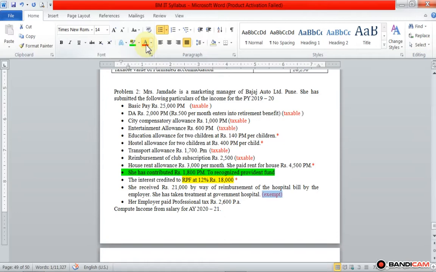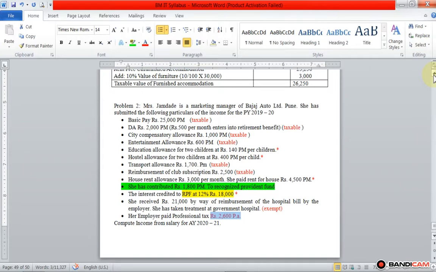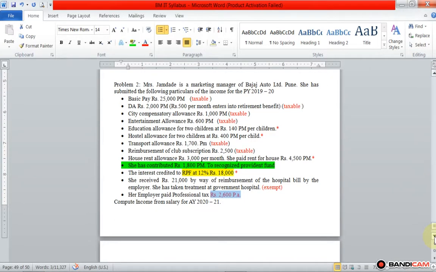We will discuss this section: if the employer has paid the professional tax of the employee, then it will be added to the gross salary and then deducted from gross salary. It means first of all add it in gross salary and then deduct this professional tax from gross salary, amounting to rupees 2,600 per month. Okay, got it? So here we find out the taxable, partly taxable allowances, taxable allowances.